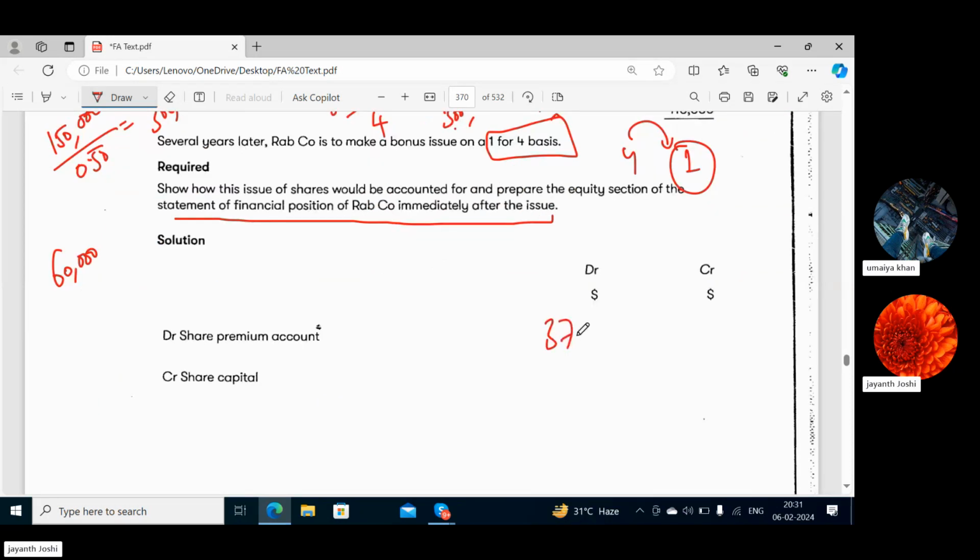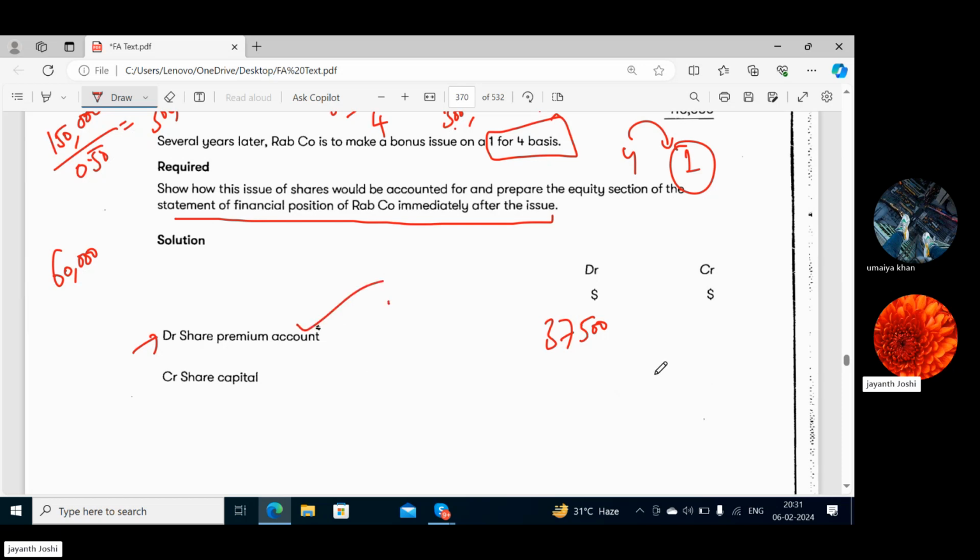Share premium account is always a credit account actually, but we are debiting this account. Debiting is nothing but reducing some value from this, and the value we are reducing is 37,500, because this value worth of bonus shares we are going to issue from this account.